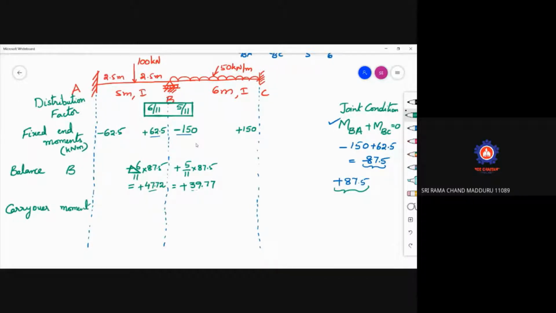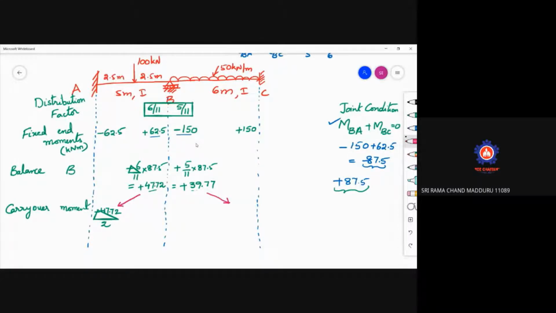For span BA, from B support to A, give an arrow mark like this, and the carryover moment is plus 47.72 by 2. Now coming to span BC, plus 39.77 will also be carried over to the far end when it is fixed only.